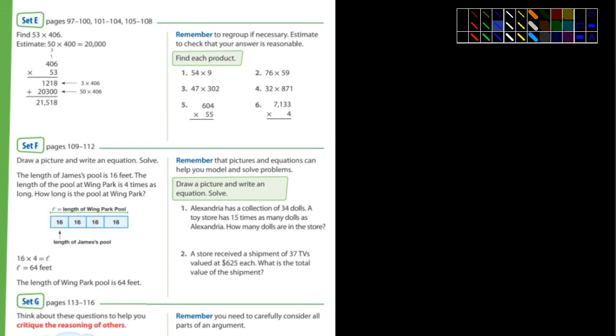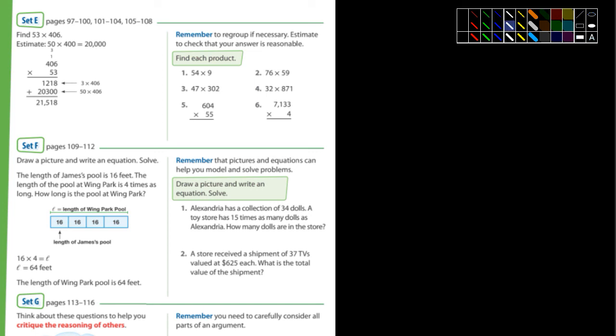So I'm looking at set F, number 1. A toy store has 15 times as many dolls as Alexandra. How many dolls are in the store? So let's see here. There's lots of different ways you could do that.